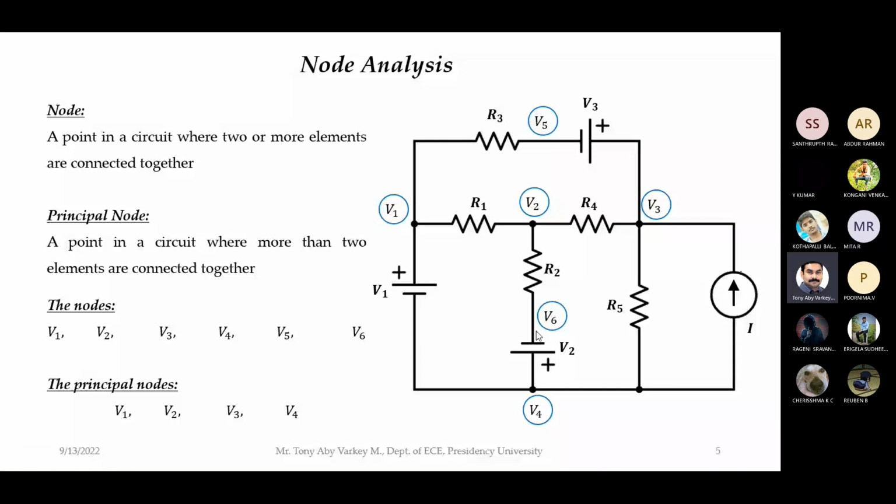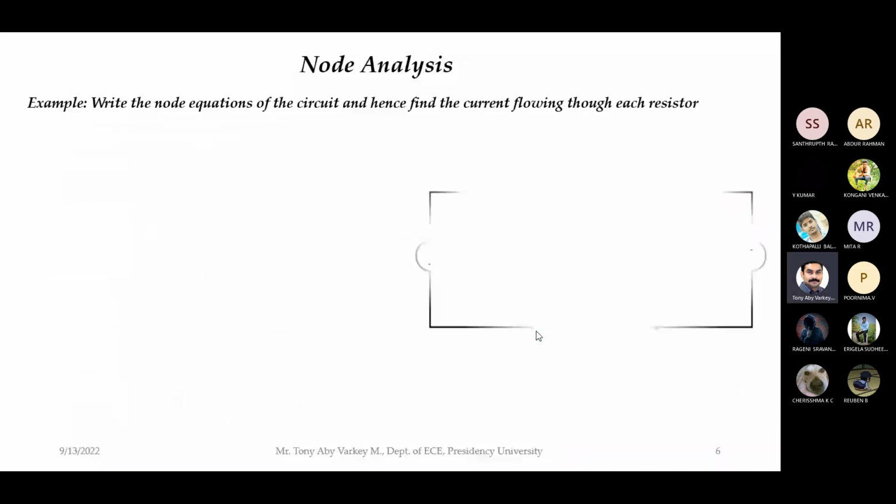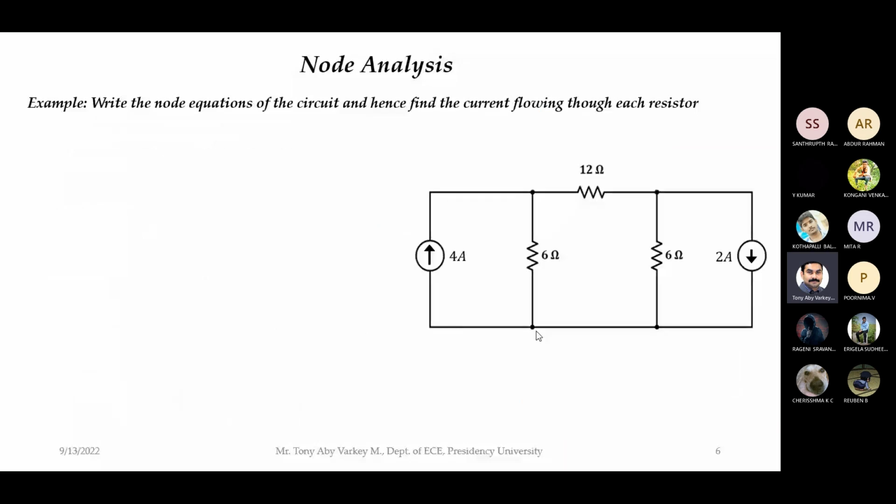Yes, sir. Okay. So now we will look into one small problem. Very small problem. Don't get panicked by seeing the circuit and all. We will try to do it. So the question is: write the node equations of the circuit and hence find the current flowing through each resistor. So step 1 is identify the principal nodes.